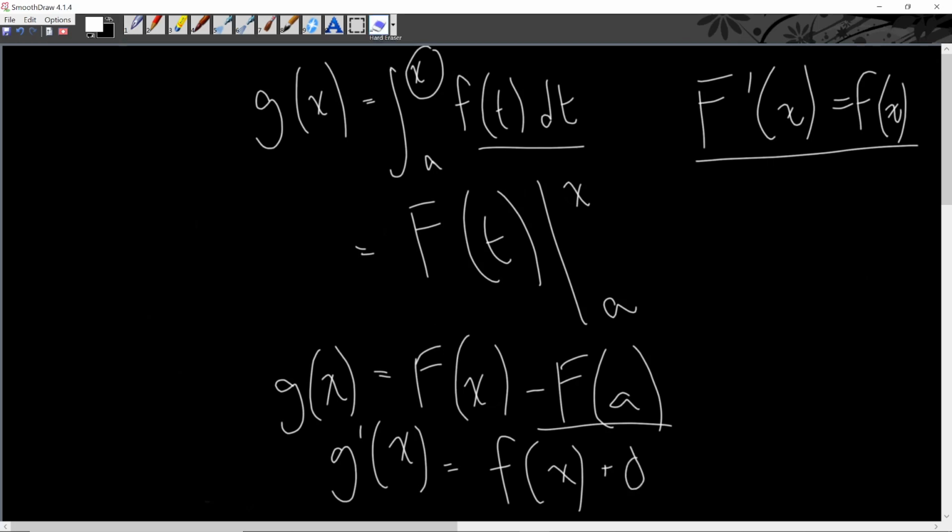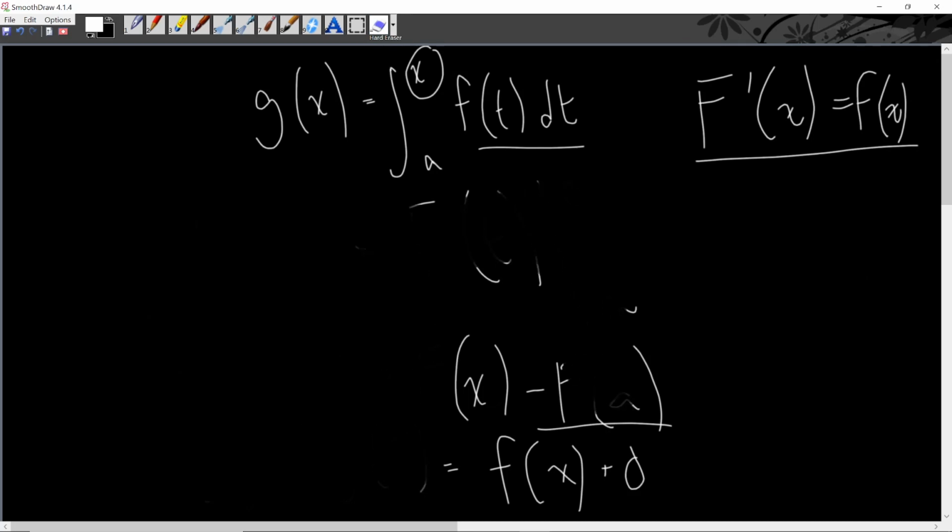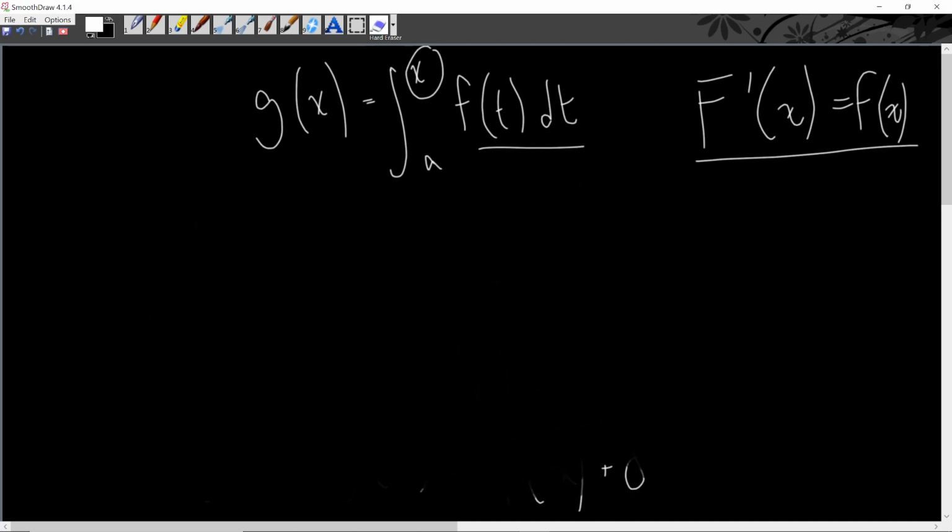So from here, g of x is equal to that definite integral, and when we differentiate both sides with respect to x, we'll get g prime x is equal to lowercase f of x.